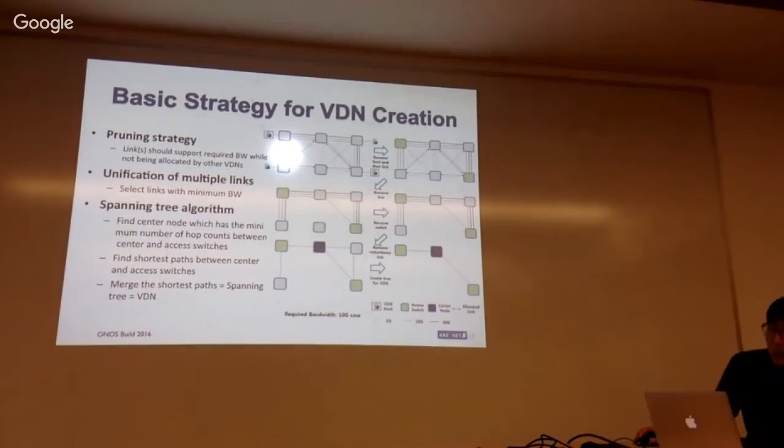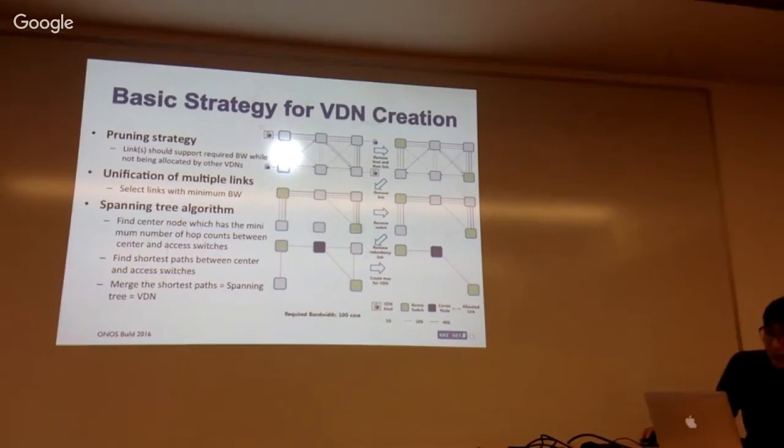In order to minimize the VDN generation time, we do network abstraction with a pruning strategy, unification of multiple links, and improved spanning tree algorithm. This figure shows the use case of a VDN requiring 10 GB bandwidth with 2 VDN hosts. We first remove hosts and their links. At the time, we check the access switch for the VDN host.